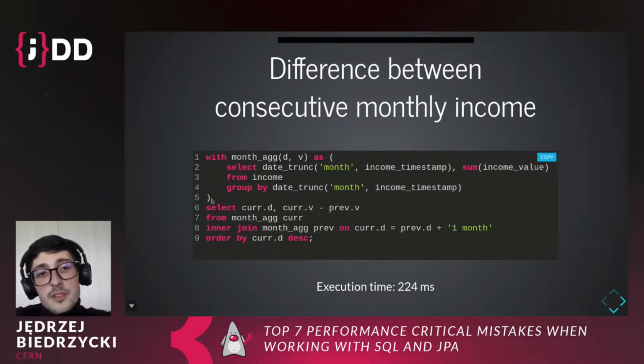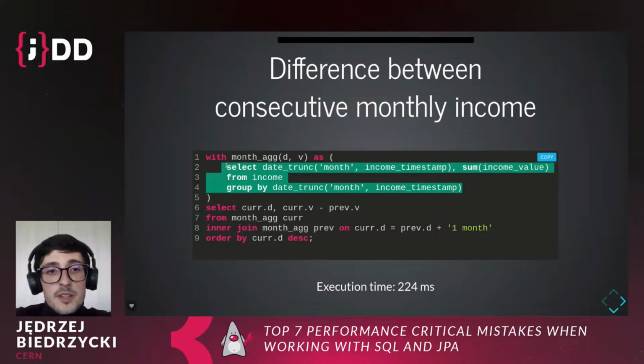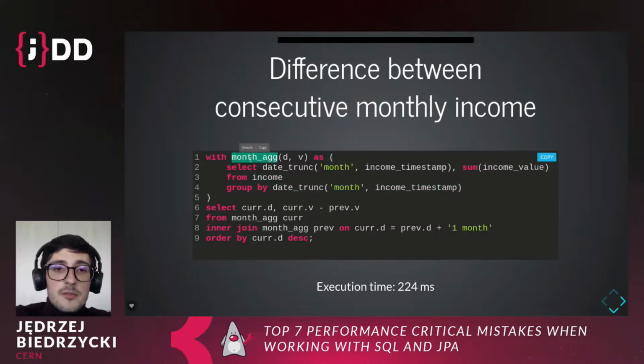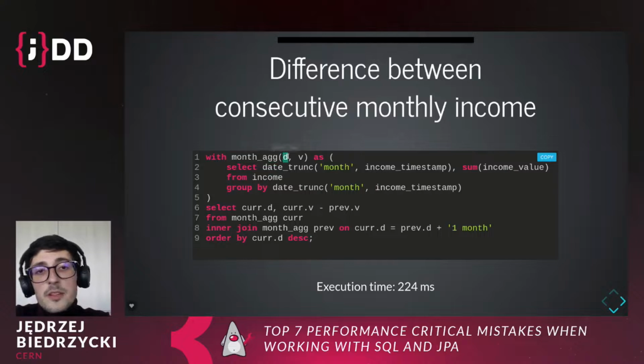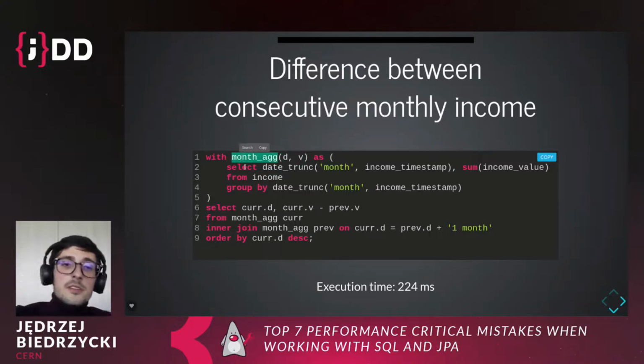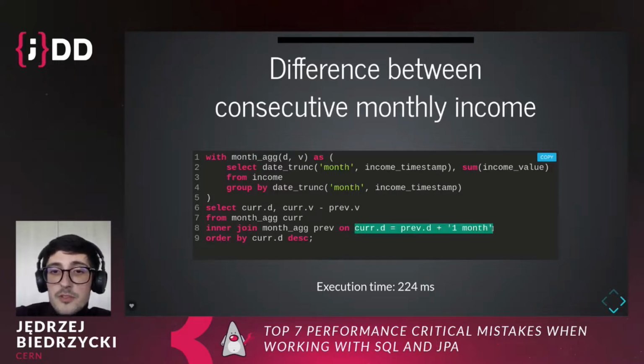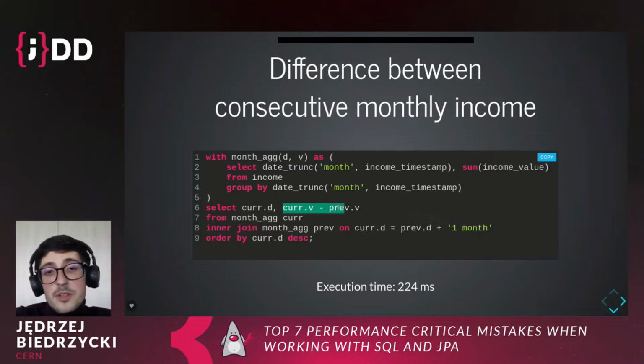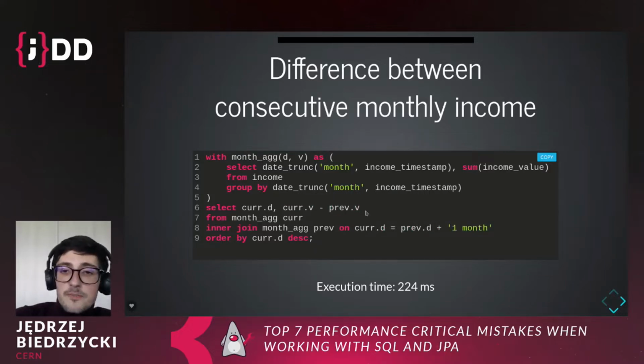In this scenario, we are pulling it up and saying that this will be called month aggregate with date and value. And now we can reuse this view in both places. So we have a current month and the previous month and the same joining expression. And we just calculate the difference between current value and previous value.